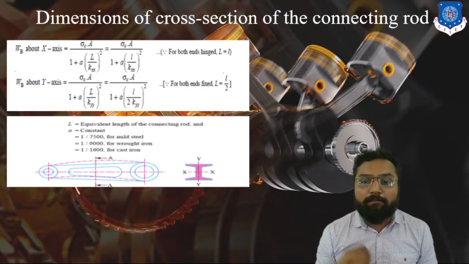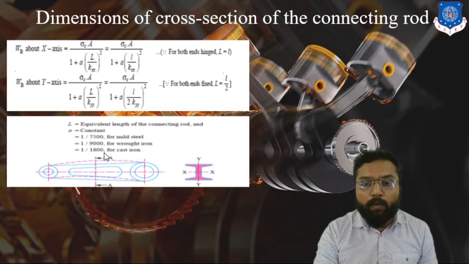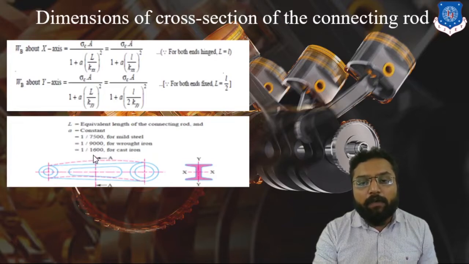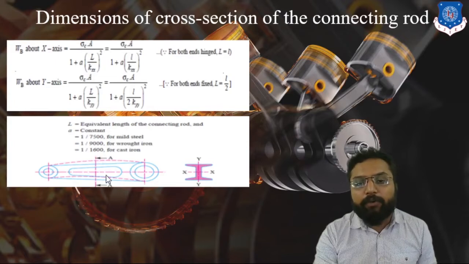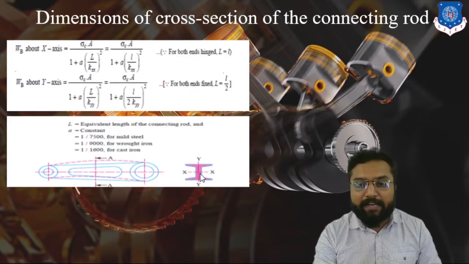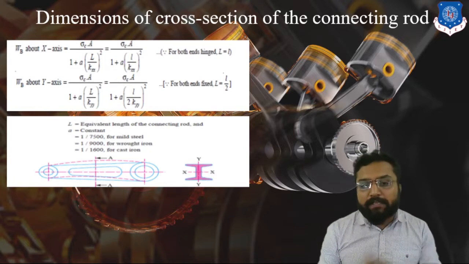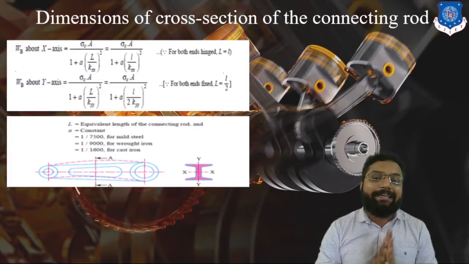In the case of mild steel, it is 1 upon 7500. In the case of wrought iron, it is 1 upon 9000, and in the case of cast iron, it is 1 upon 1600. Here you can see how it is going to buckle in the xx direction and yy direction. Clear? After determining both of these loads, we have to consider what kxx and kyy will be.